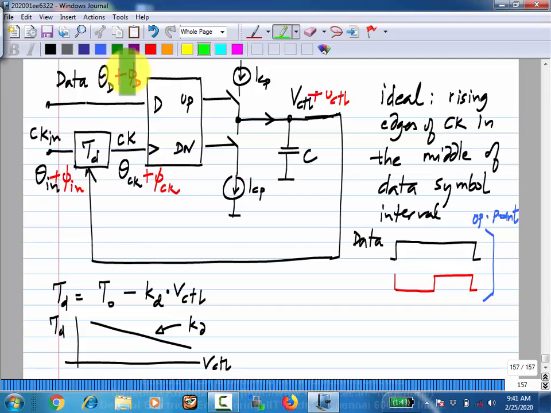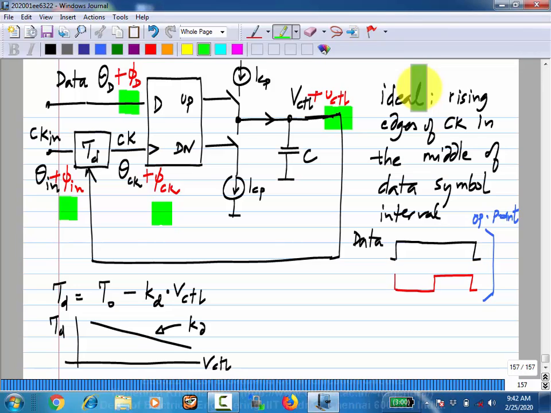So I'll assume that the data edges move by some amount, represented by this phase deviation, or the clock edges move by this amount. Then I expect deviations in everything. In fact, there is only the phase of this and the phase of that one, and then I find the relationship between these incremental quantities. So when you say a phase model of a clock and data recovery circuit, that is what it is representing.